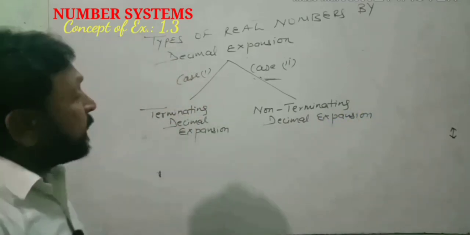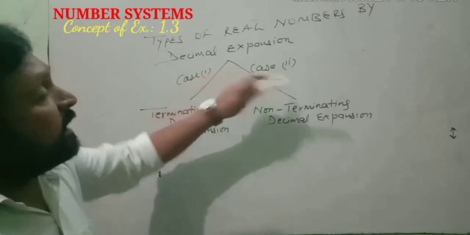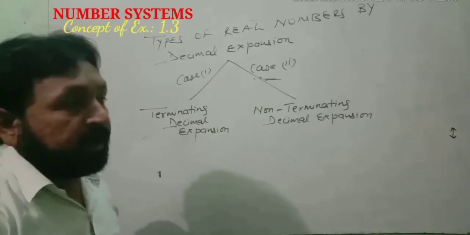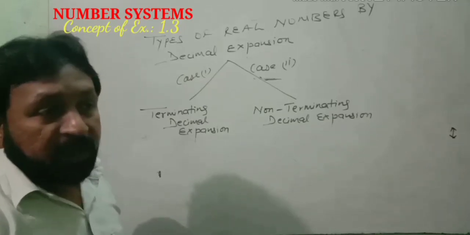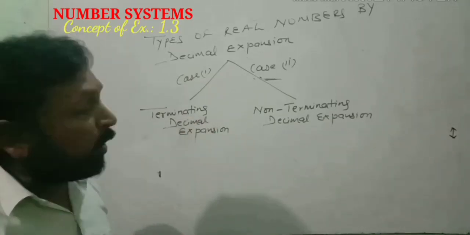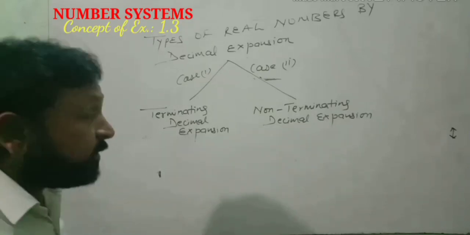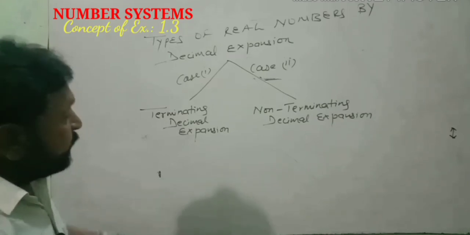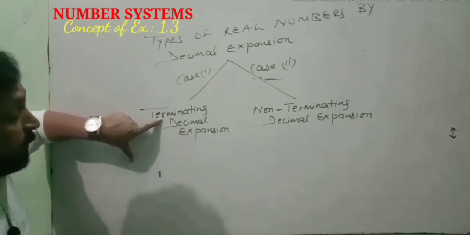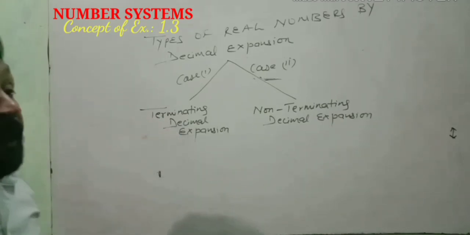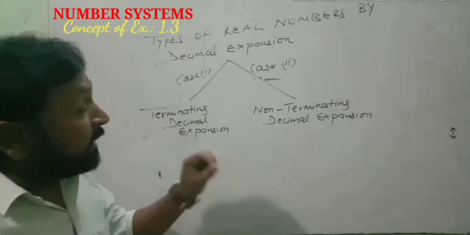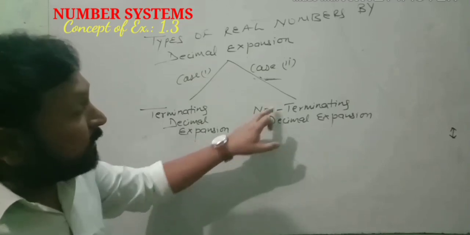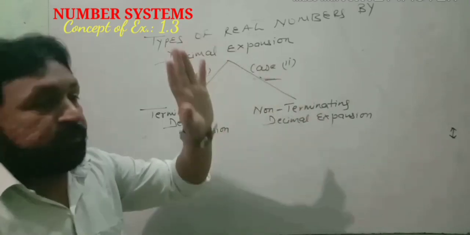Understood what I mean by case first and case second? Whenever we try to divide, either the division will be over or it will not. If the division gets over, meaning the remainder comes 0, then we say it is terminating decimal expansion. And the case in which the division doesn't get over, we call it non-terminating decimal expansion.